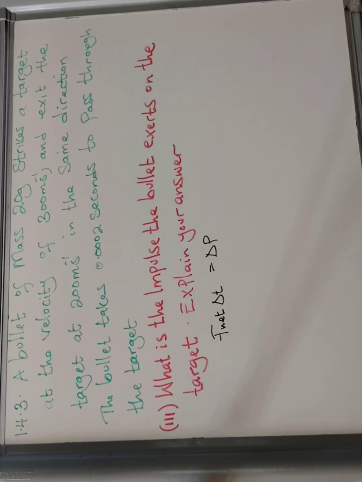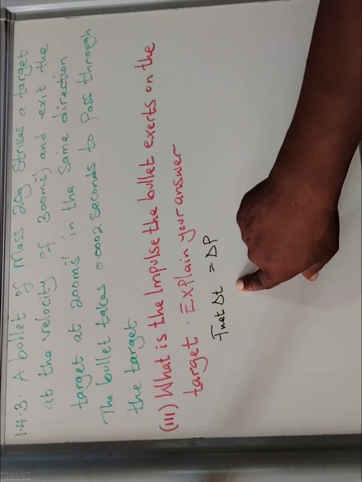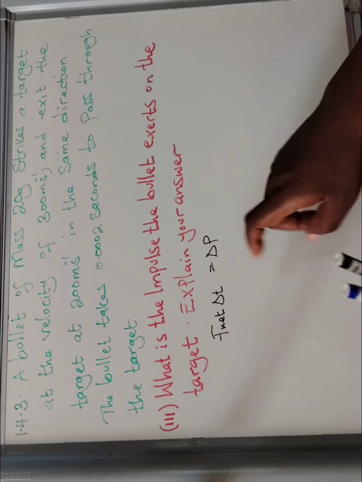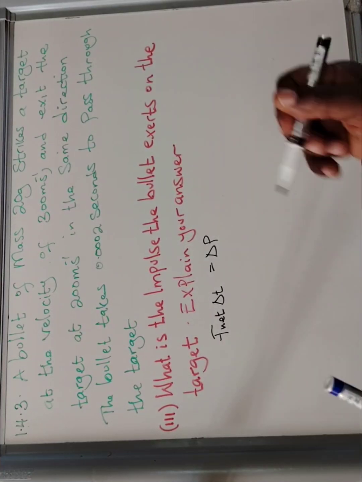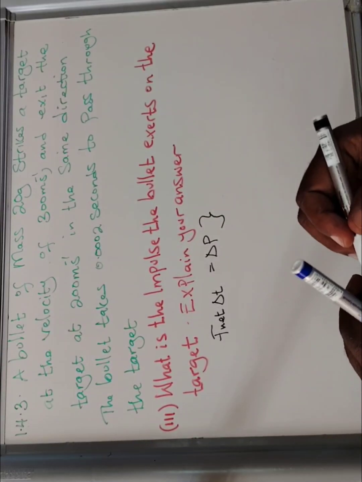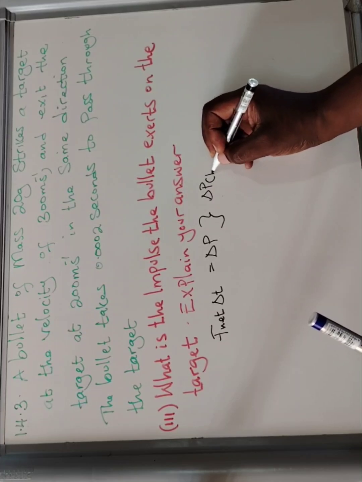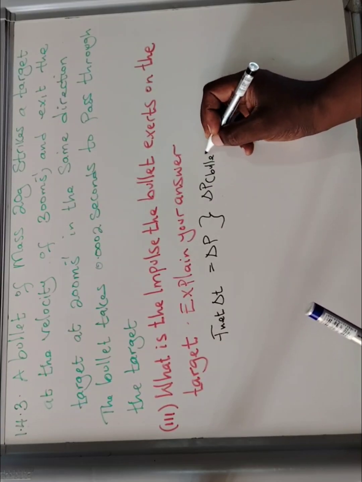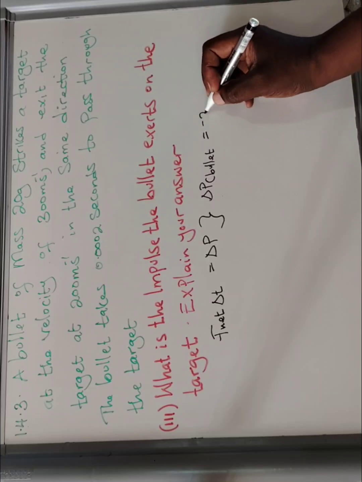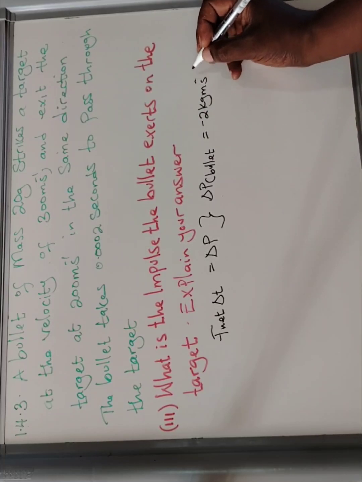What does it say? It says that impulse is equal to the product of net force and time, or change in momentum. And we know the change in momentum of the bullet. So delta P of the bullet is known and is negative 2 kilogram meters per second.